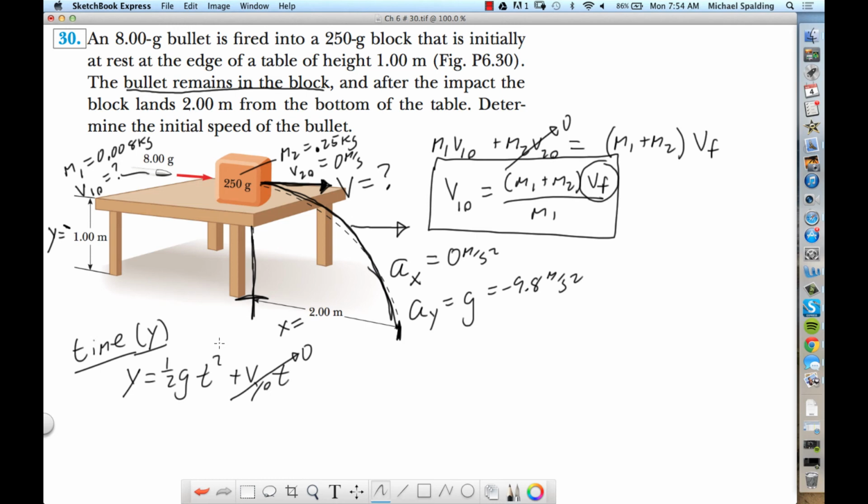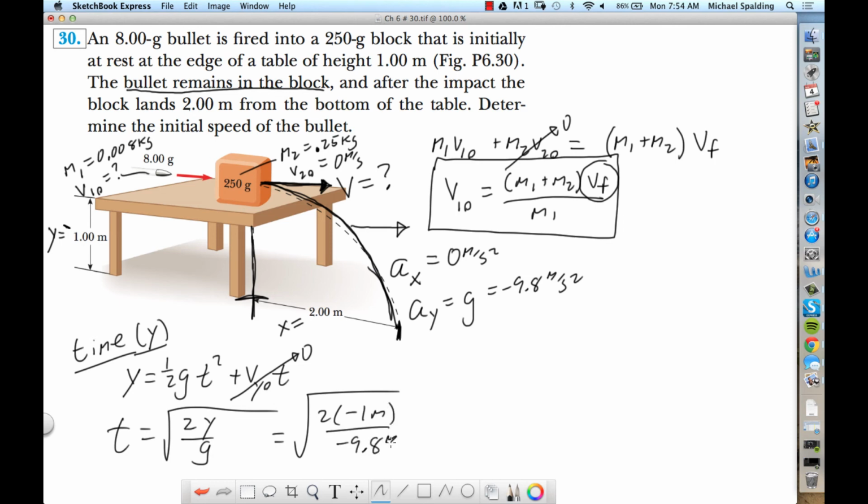As it leaves the table, it's perfectly x. Okay, so now we're solving for time. That's going to be t equals the square root of 2y over g. So 2 times negative 1 over negative 9.8. This gives a time of 0.4518. Okay, so now we have the time in the air.